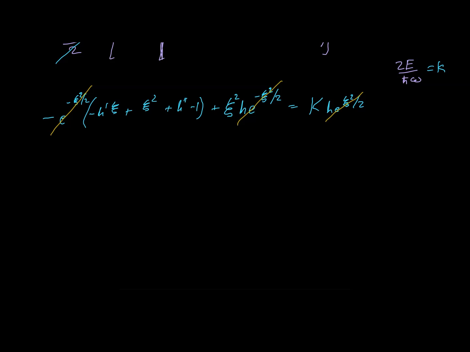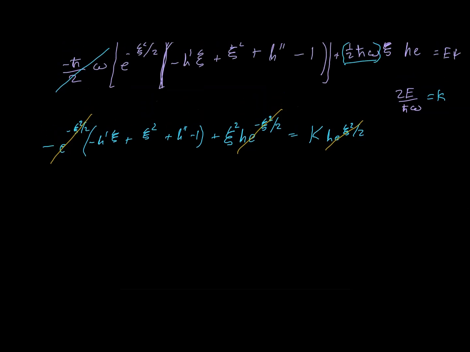Is there anything else we can simplify? Yes, so this is going to turn into a minus c squared, and this is a positive c squared, so this can cancel right away. So we're going to get a minus h double prime plus h prime c plus 1.